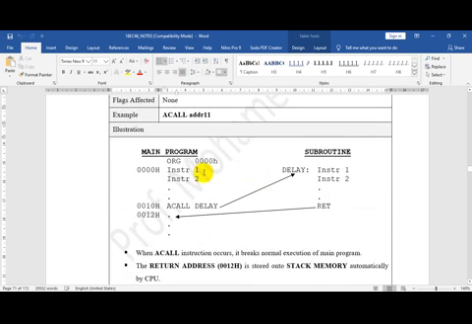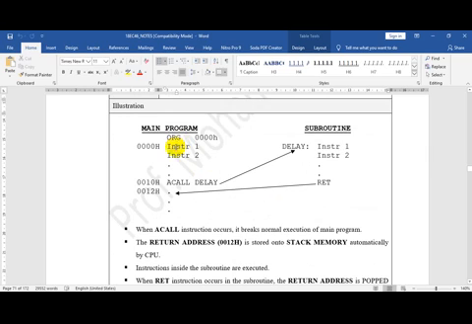As you can see here in the illustration, you are executing some instructions and suddenly an absolute call occurs. Which is the return address in this case? 0012H. So what does the processor do? The processor first saves the return address onto the stack, and that's what is written here. How does it save?